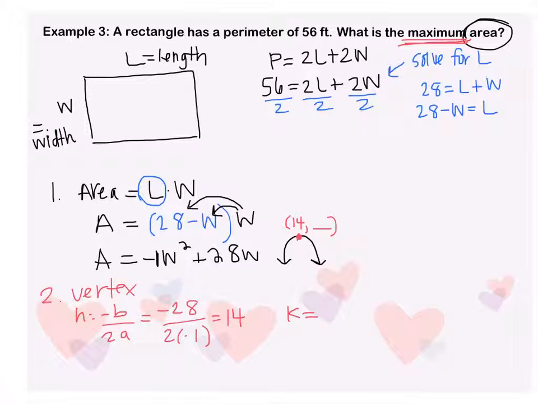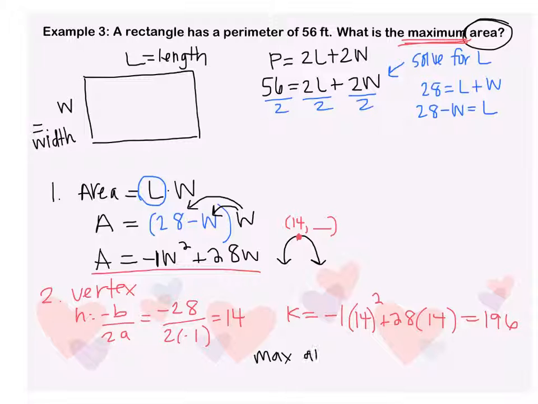K we get by going back to our area formula. I'm now plugging in 14 for all of our w's. So negative 14 squared plus 28 times 14. And in this case, I'll get 196. So for this problem, the maximum area is 196 feet squared.